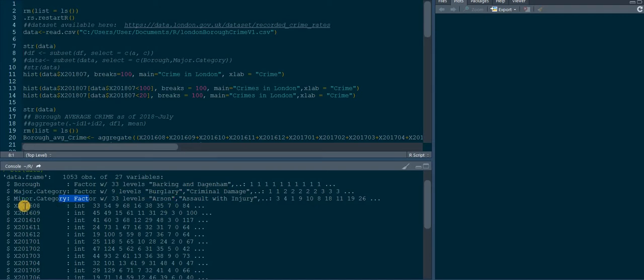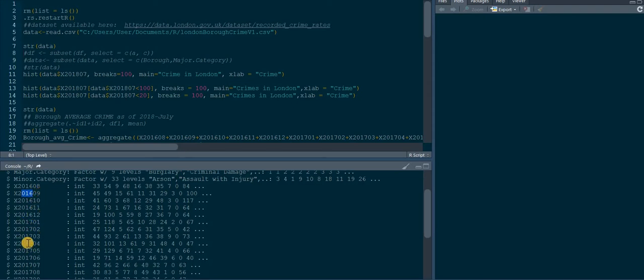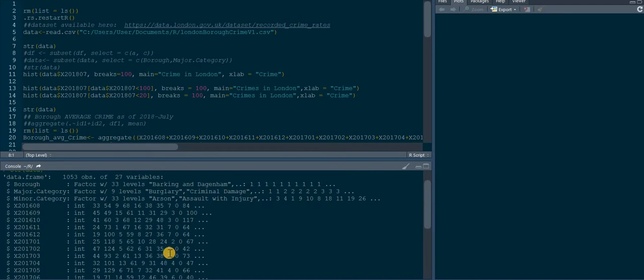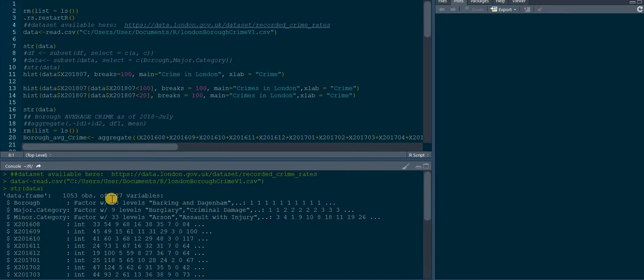And you have the individual date columns: August 2016, September, October, November, and so on until July 2018. And they're integers, which is quite good for us, so we don't have to convert variables. So that's a brief description of the data frame.